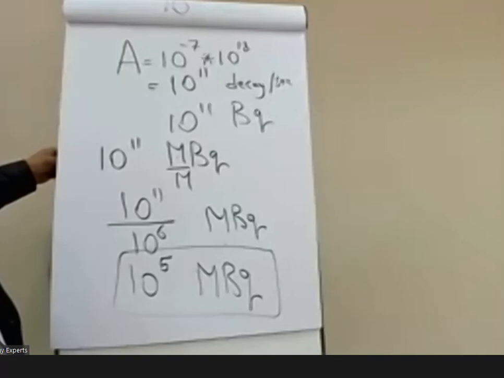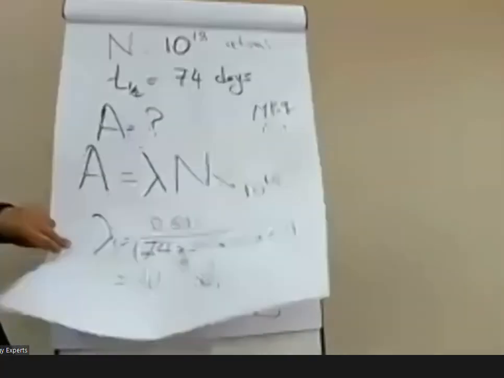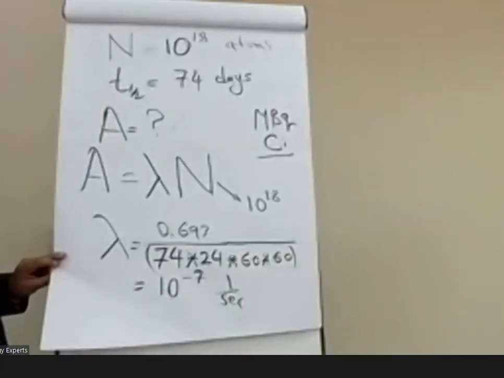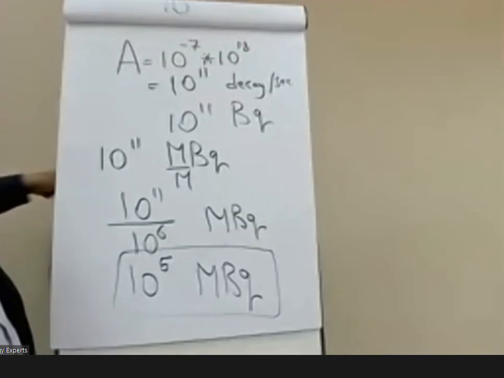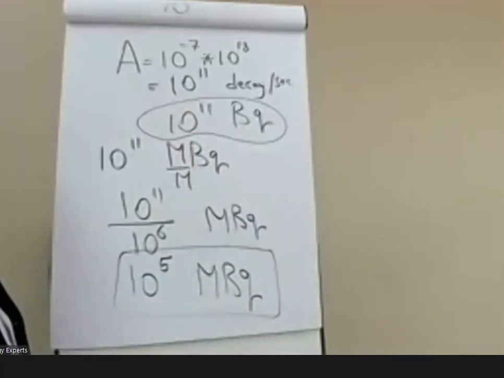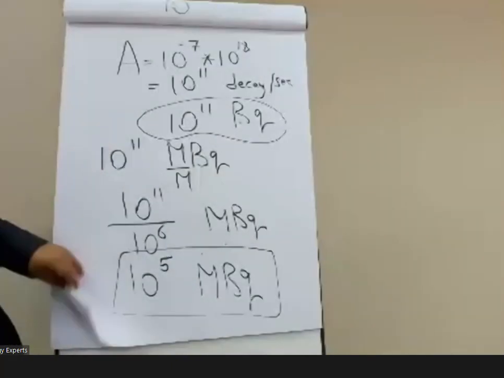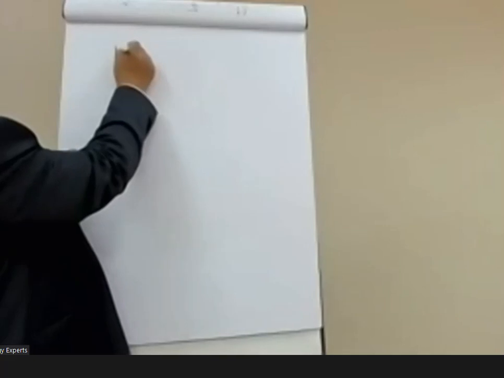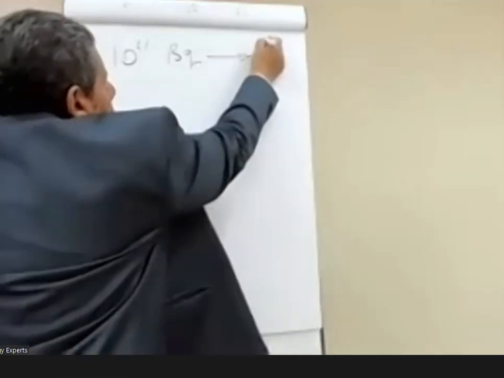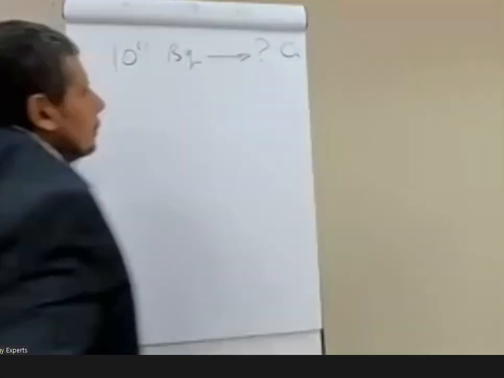I need to put also in curie. What is the activity I started with? This one, 10 to the power 11 becquerel. I need to convert it to how many curie.